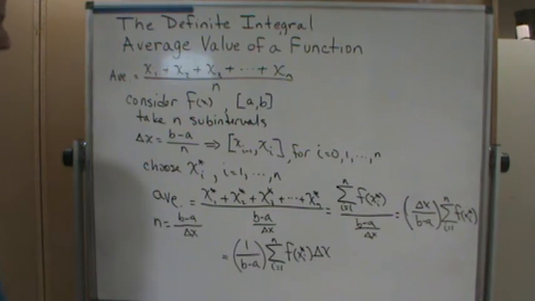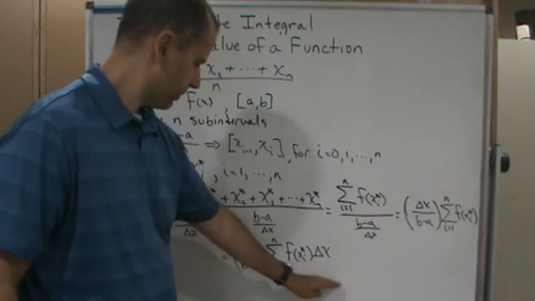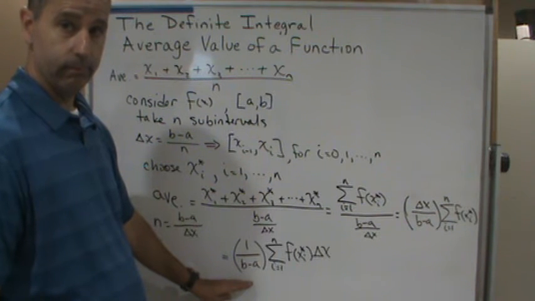And guess what? Now look what we have. We've got this Riemann sum multiplied by 1 over b minus a. Okay?